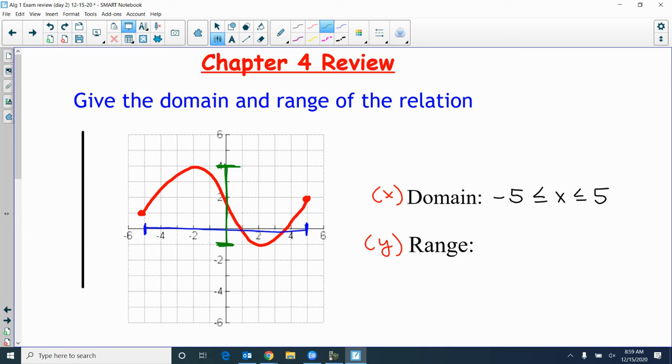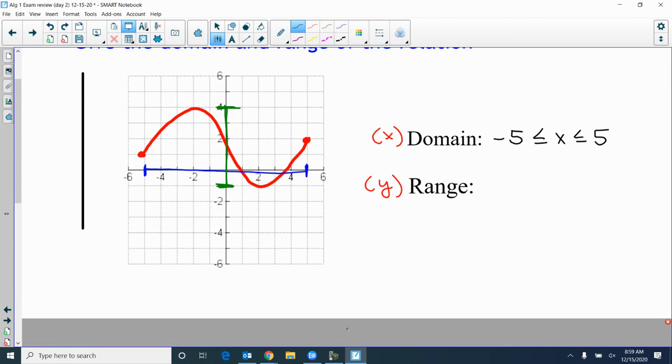So think about the Y values. What's the lowest Y value it hits? What's the highest Y value it hits? And it hits everything in between there. So Christian, how do you think we're gonna write that? The lowest one first. -1 is less than or equal to... Now for the range, put Y instead of X, so switch that around.